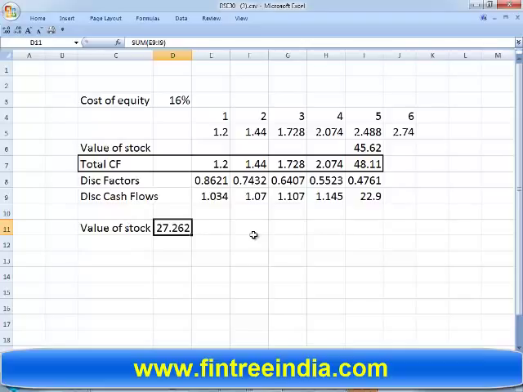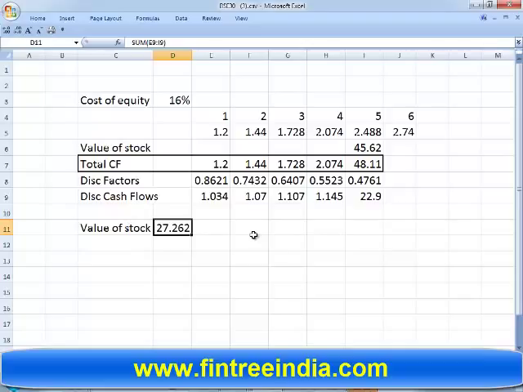Then 2.488 divided by 1.16 equal to. Neha, you did it how many times? Are you sure? M plus.